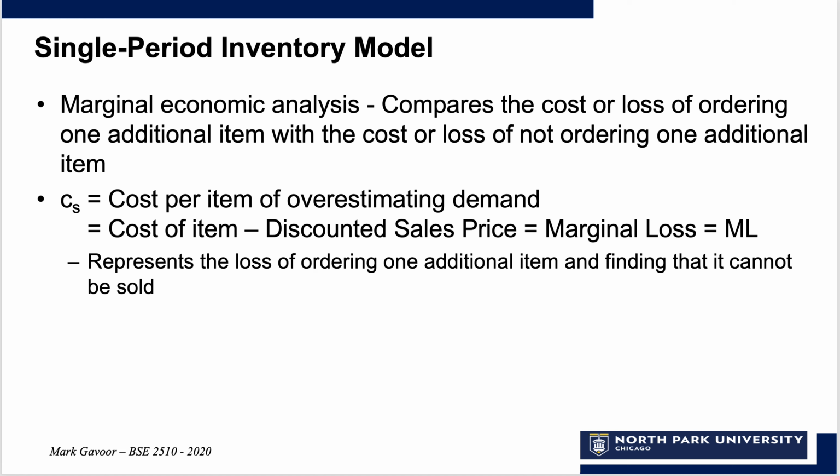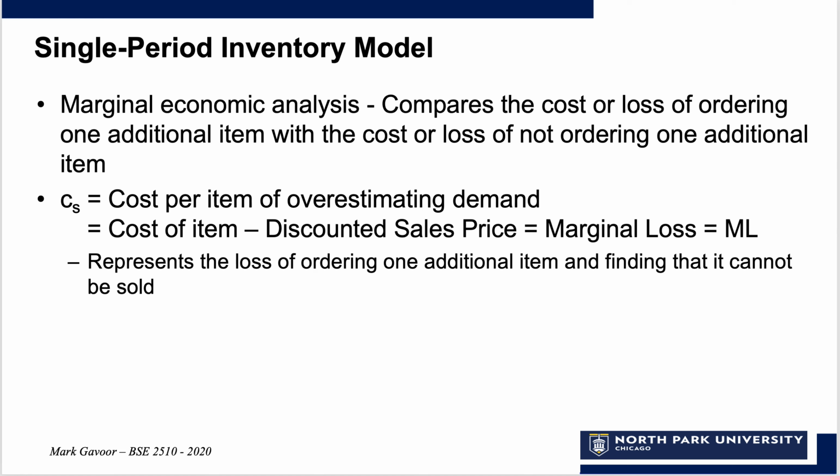So, if we look at the single period inventory model, it's a marginal economic analysis. If you've taken, gee whiz, microeconomics strikes again. It compares the cost or loss of ordering one additional item with the cost or loss of not ordering one additional item. So there are two ways of looking at it.